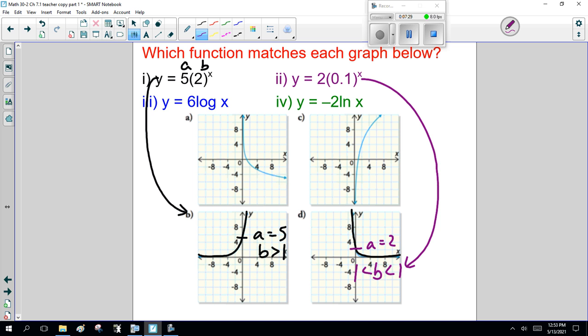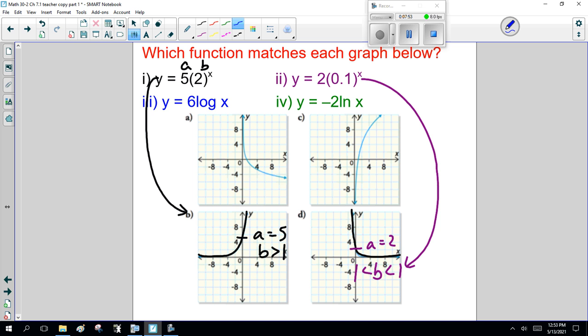Now, some of you are going to say, but Mr. Sutton, this looks a whole lot like an exponent graph. It does, except an exponent graph doesn't cross the x-axis. So it looked more like that. So this is actually a log graph. That's to confuse you. Now, let's double check.